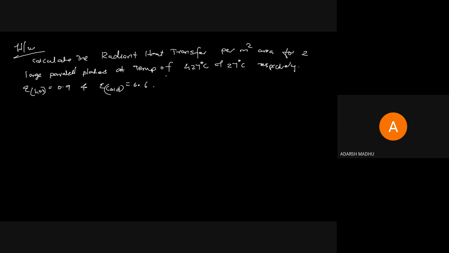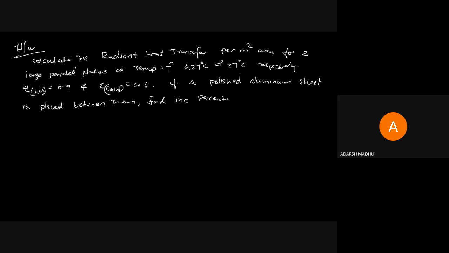Okay, 0.9 and 0.6. If a polished aluminum sheet is placed between them, find the percentage reduction in the heat transfer.